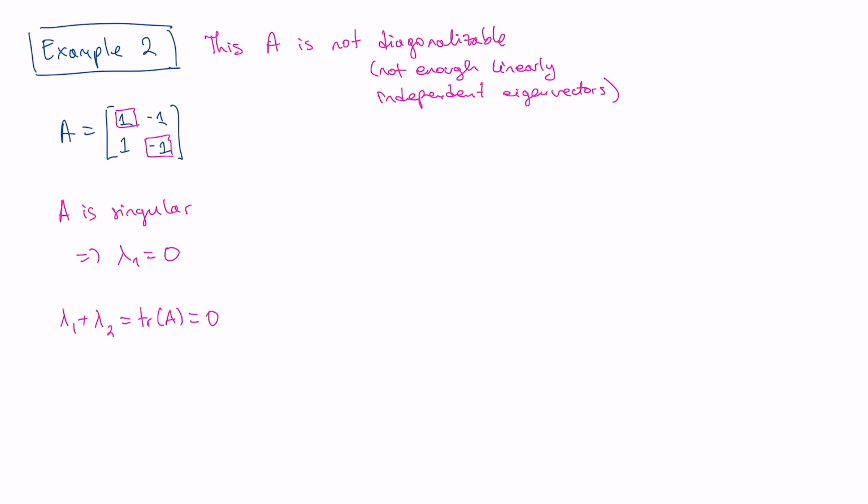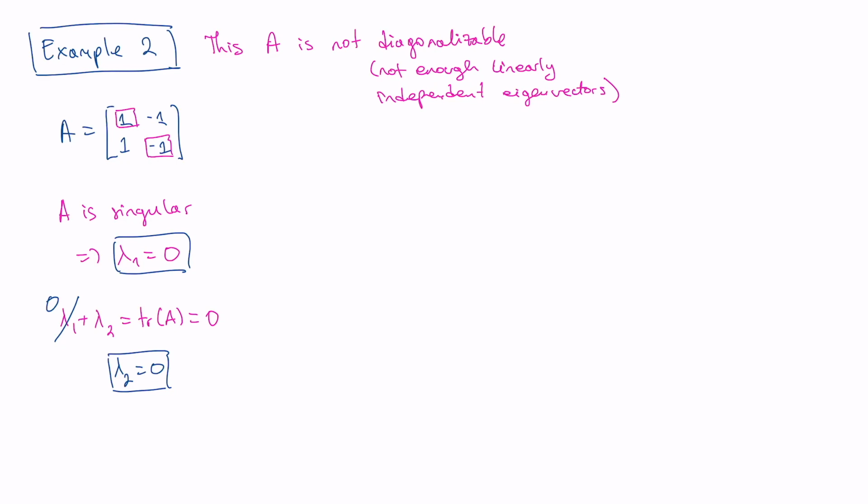Now remember, lambda 1 is also 0, so it turns out that lambda 2 must also be 0. So what you have is two eigenvalues with the same value, and we call them repeated eigenvalues.